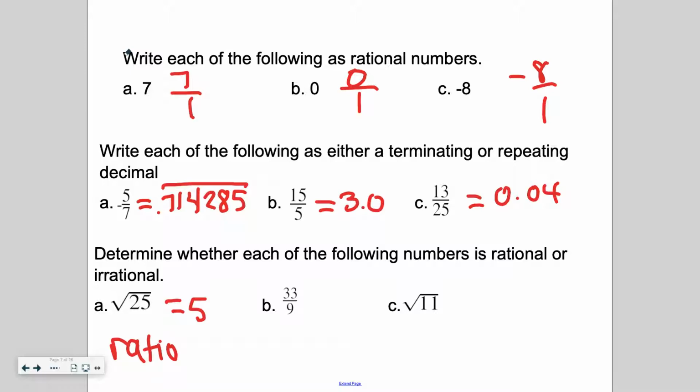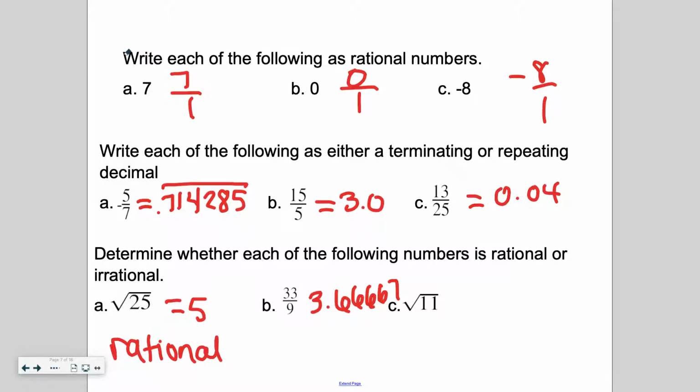33 over 9. What does that reduce to? 11 over 3. 11 over 3 as a decimal is 3.66666 going on forever and ever, with a bar over the repeating part. Your calculator eventually rounds it off to a 7, but that's because it keeps repeating.